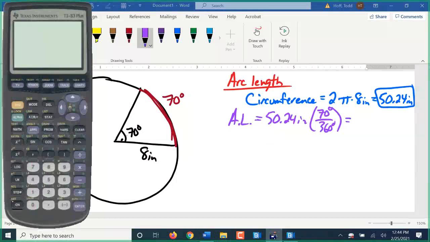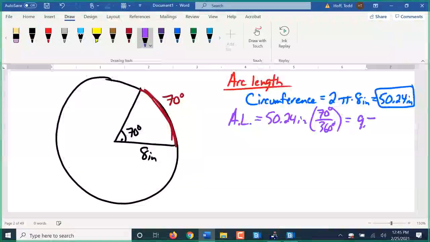So 50.24 times 70 divided by 360 gives me 9.769 inches. That's the length of that arc.